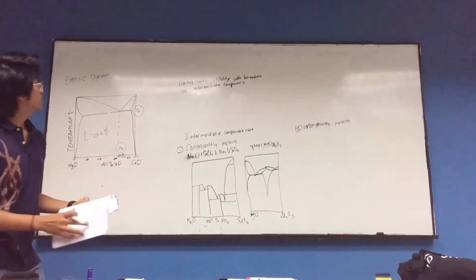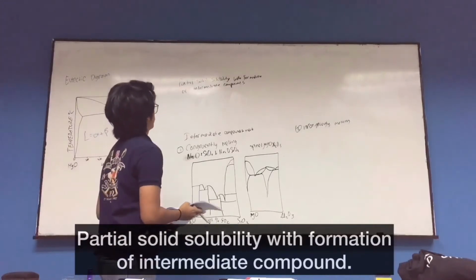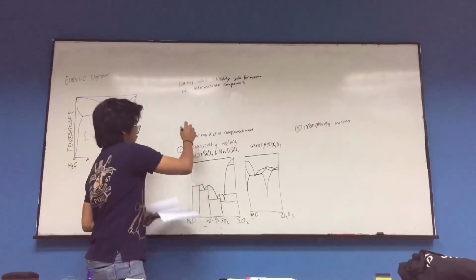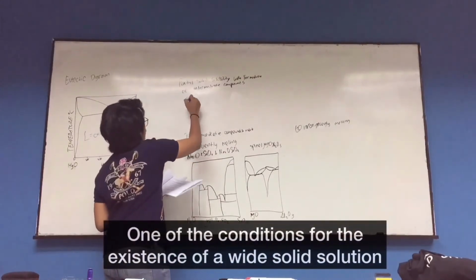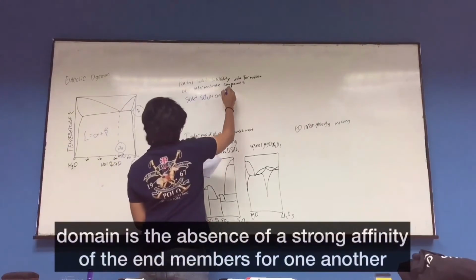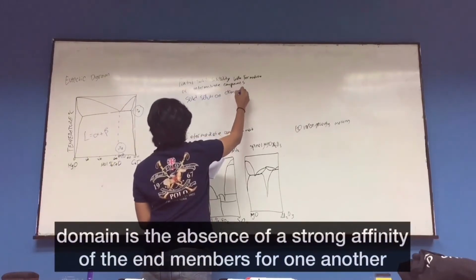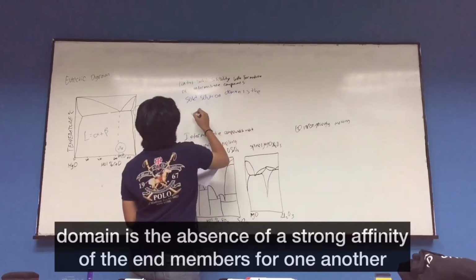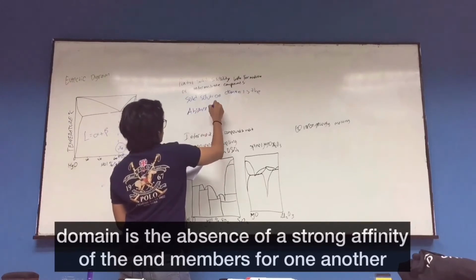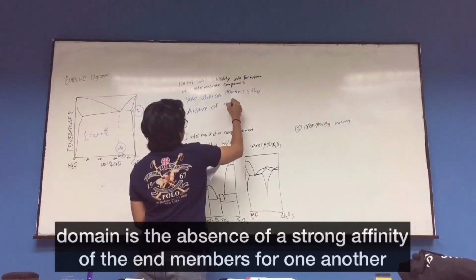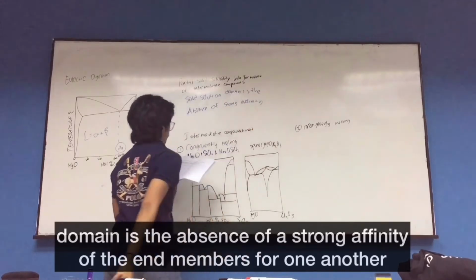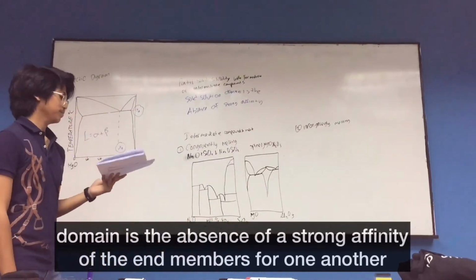Next is partial solid solubility with the formation of an intermediate compound. In one condition, the solid solution domain is the absence of strong affinity of the end members for one another.